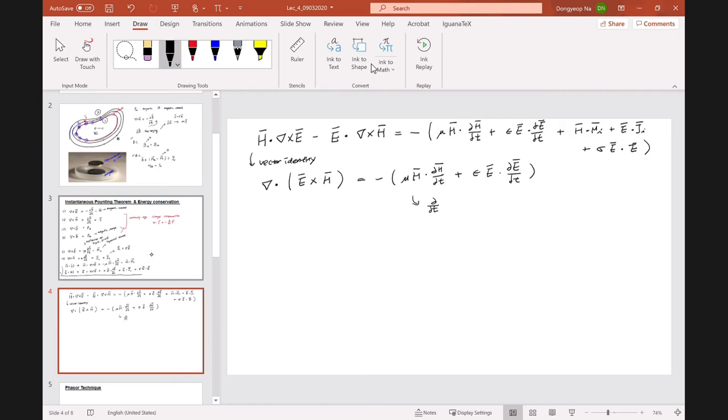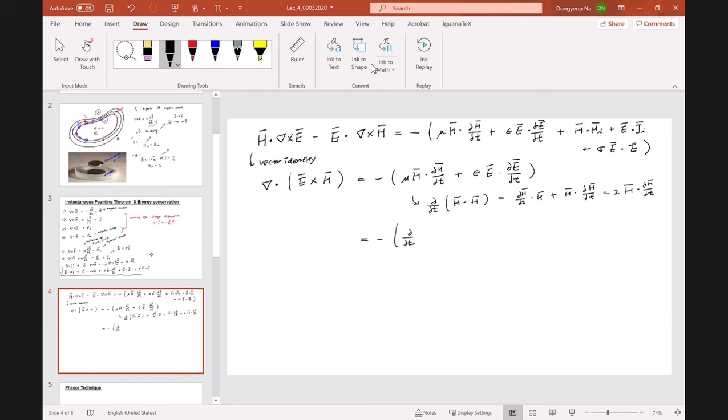The time derivative of the inner product of the magnetic field should be H times the time derivative of the first term, plus the time derivative of the other term, but these two terms are the same, so it's just H dot partial H partial T. Also, this mu is non-time-varying, so we can move mu inside the time derivative.